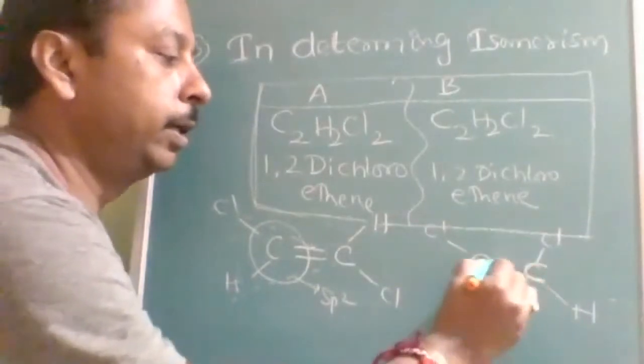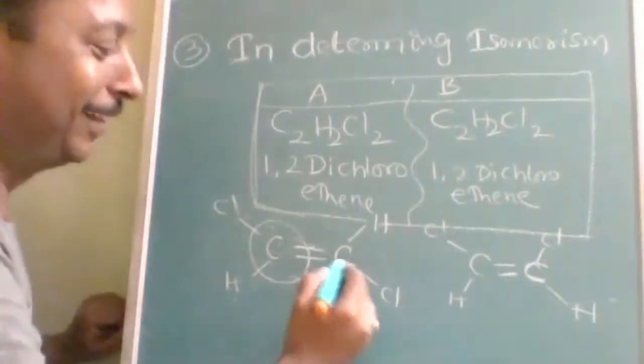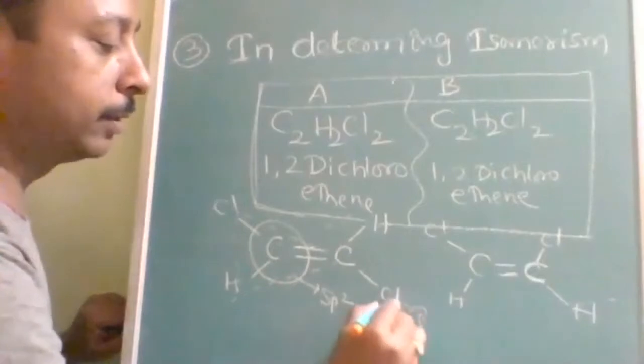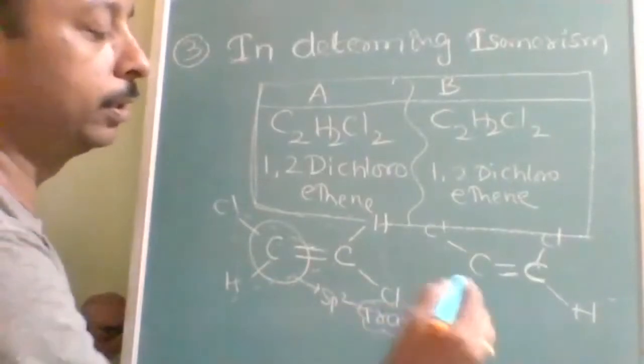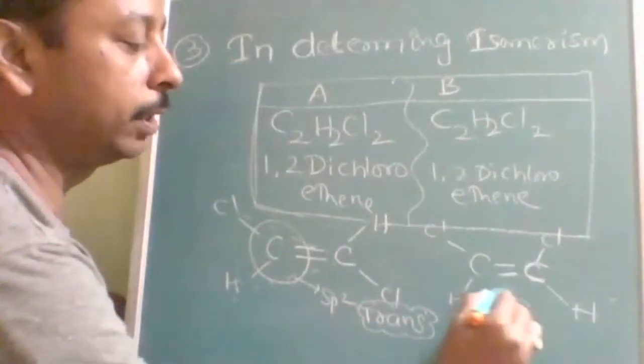So these two isomers are called as, if you have studied earlier, then it is okay. This is called a trans geometrical isomer. This is a part of geometrical isomerism. This is called a cis isomer.